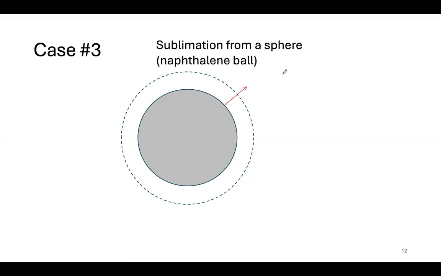So you can have a look. What do you think if NA is the vapor of the naphthalene ball, and then NB is just the air. So this one is the naphthalene ball. So you can think what is the rate, that one.